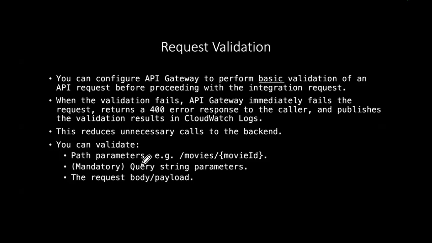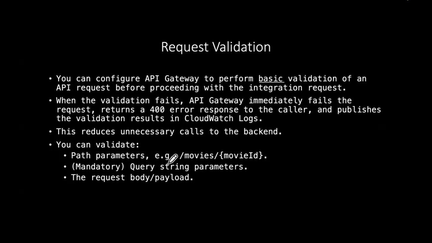So basic path parameter validation can be done. It can do validation of query string parameters, but only those query string parameters that are mandatory. Some of the query string parameters are optional, some of them are mandatory, and that depends on the specification that you are trying to satisfy in your implementation.